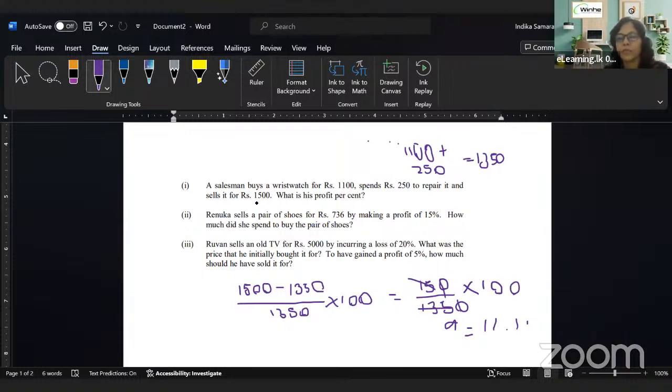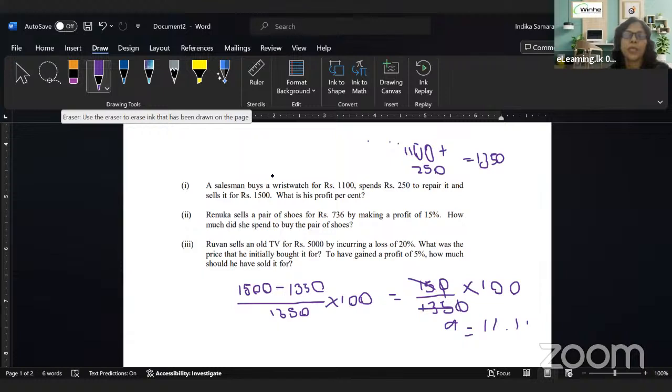For the next one, Renuka sells pair of shoes for 736, making a profit 15%.